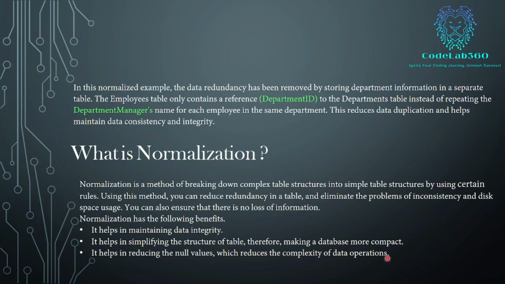Because it simplifies the structure, we remove the duplication and redundancy, the repetitive data in the table, so the structure will be simple, making a compact database. The main point is reducing null values, which reduces the complexity in data operations.